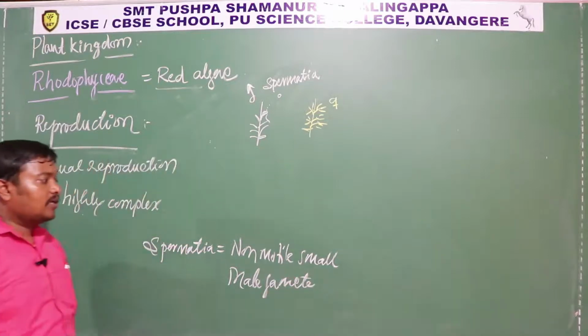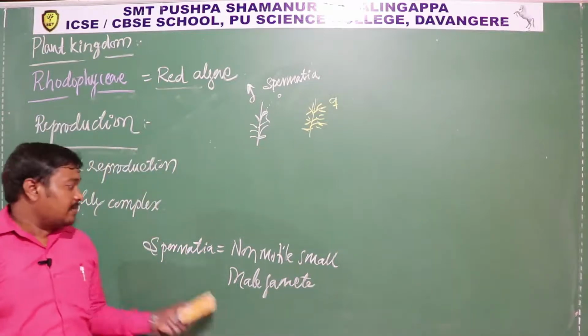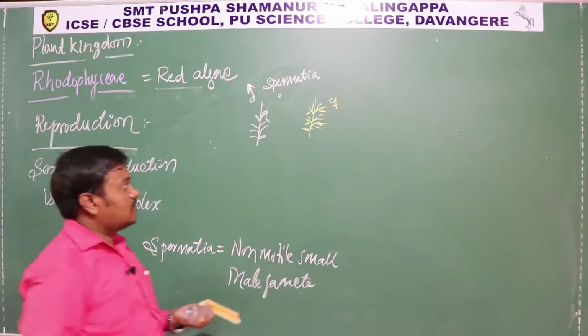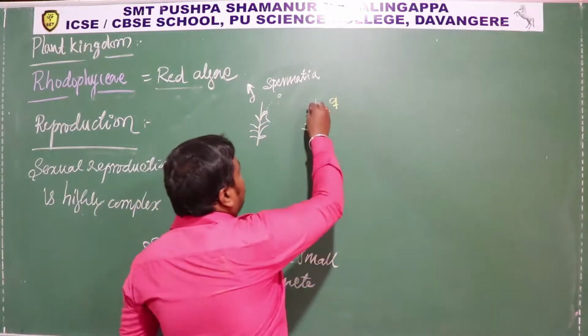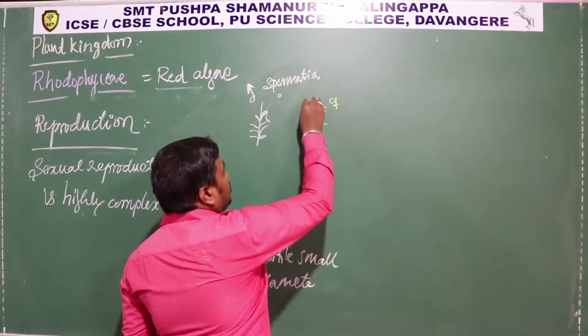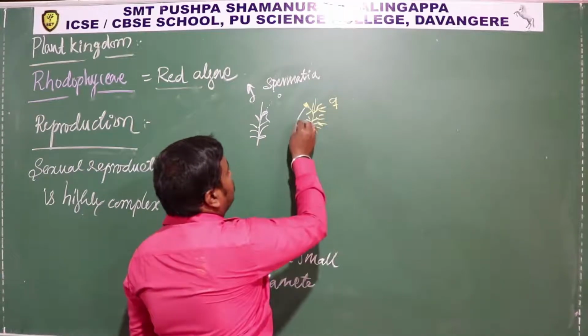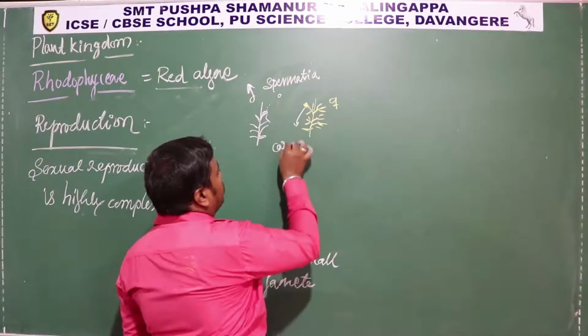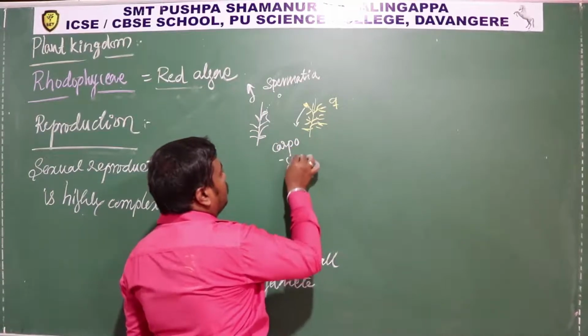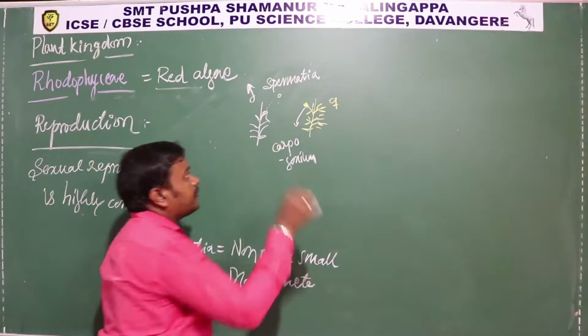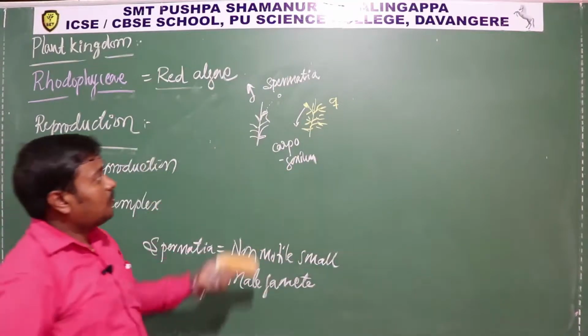Technically it is called spermatia. Here the female plant produces one special structure that is called carpogonium.